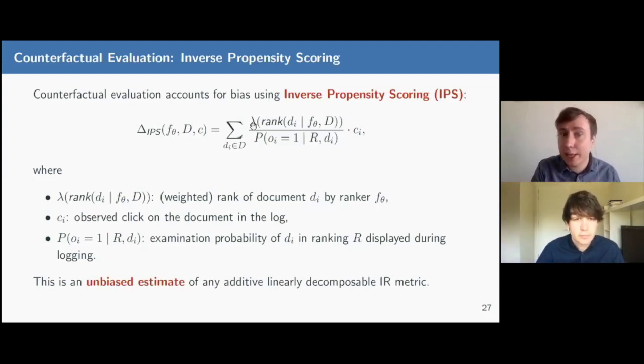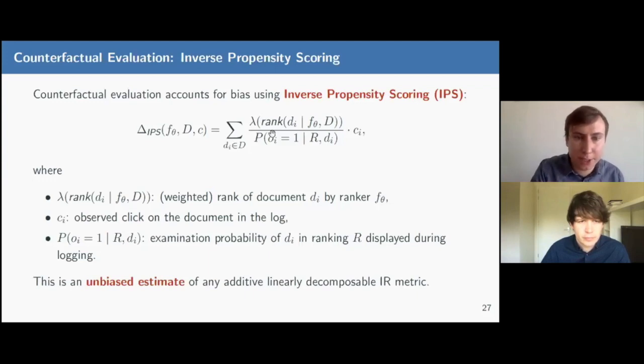We have the same lambda weighted rank at the top, but we have this new term where we're dividing by this examination probability, if you will. So this is the only really new thing that we introduce compared to the naive estimator that we had before. We're just dividing by this examination probability.